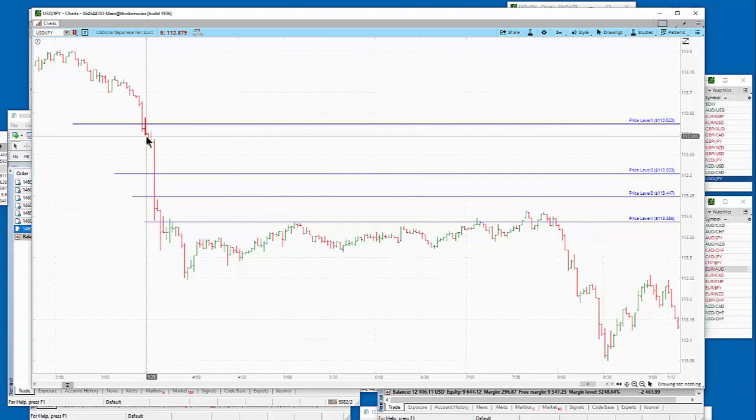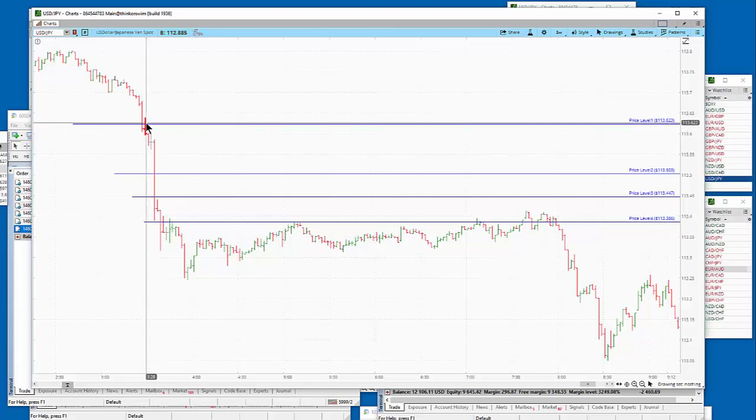So on this first trade, it would have entered the first time the price hit this price point, in this bar on a 2-minute chart.